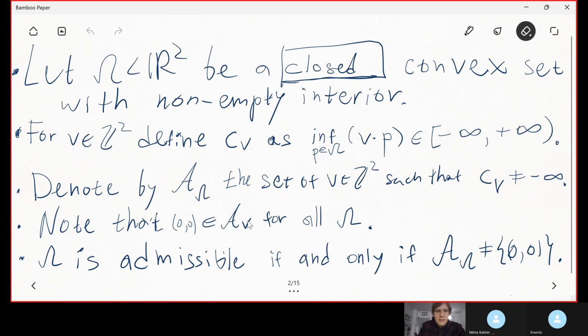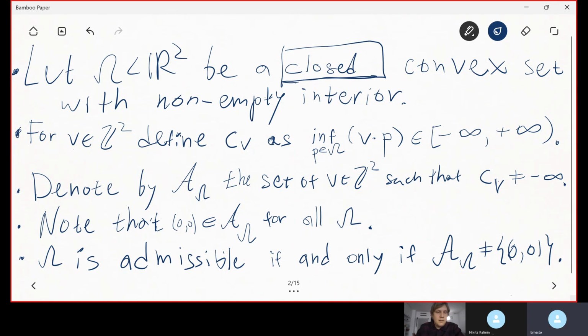No, it's not A_v, it's A omega. And the claim that we made orally during the last week's presentation was that omega is admissible if and only if this set A omega contains more vectors than just 0.